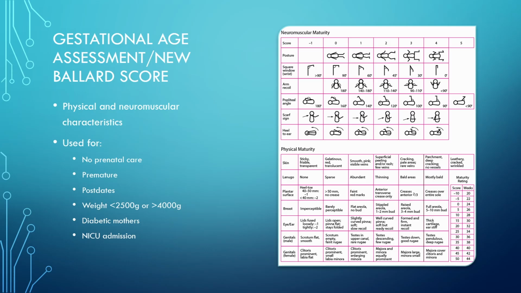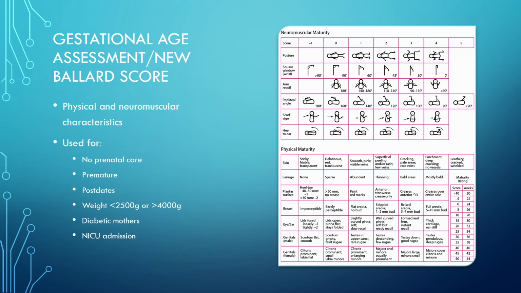If their weight is less than 2,500 grams or greater than 4,000, if their moms are diabetic, or they're admitted to the NICU. Basically what this does is it helps us determine how many weeks of gestation they truly are. Just because a baby grows and is born a 10-pound baby doesn't mean that it's a 40-week-old baby.